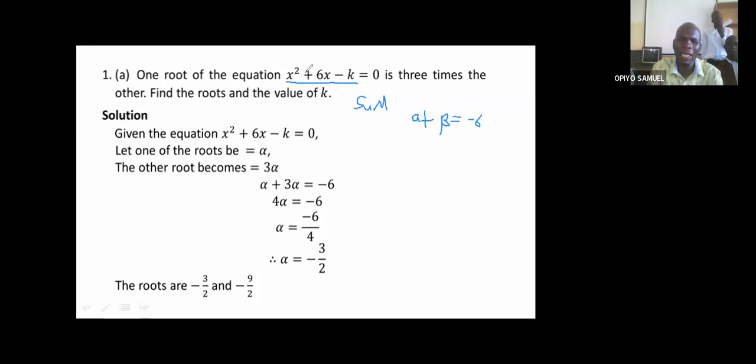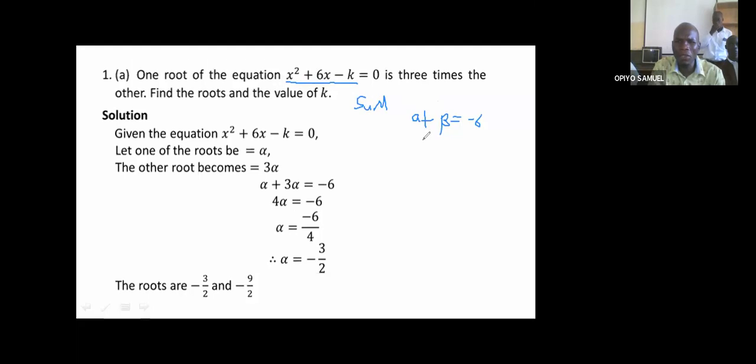The sum of roots is usually the negative coefficient of x, but before you do that, ensure that the coefficient of x squared is 1. If it is not 1, divide all through by the coefficient of x squared, then extract your sum and product of roots.